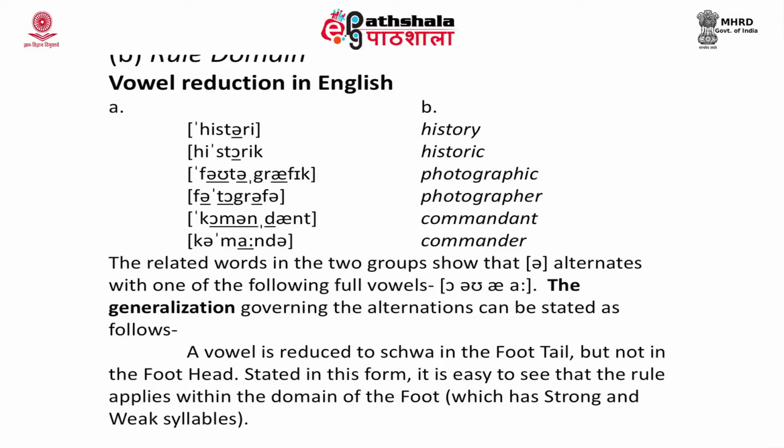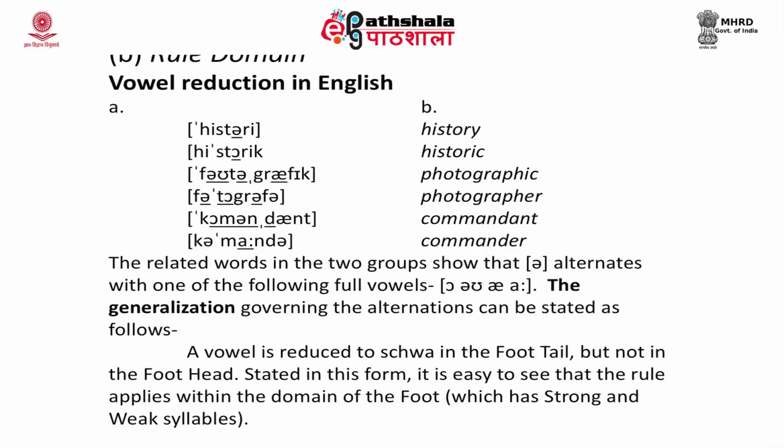Let's read them. History, historic, photographic, photographer, commandant, commander. Now these words are related, and what we notice is that there is an alternation between a full vowel and a schwa in all these.